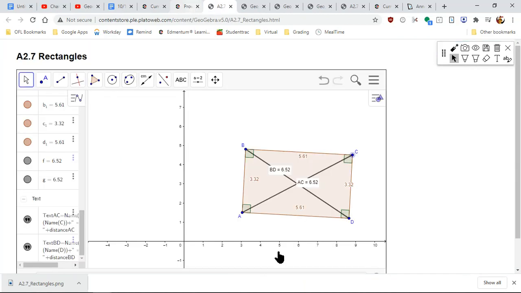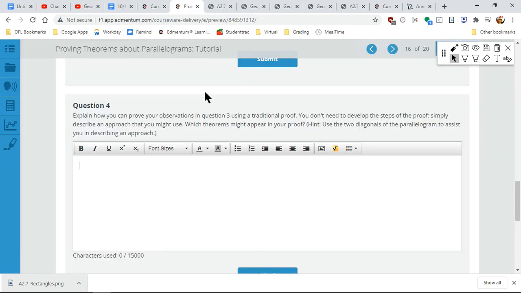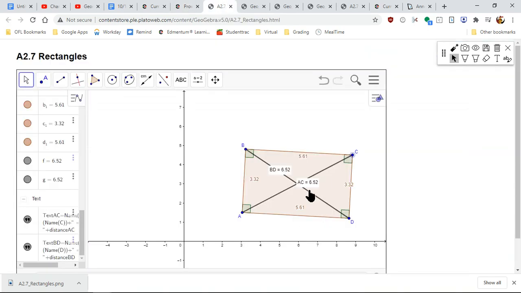So the way we would do this with a traditional proof, I would say, is if I created the diagonal, so I would create the diagonal. Oh, that's why it sounded like I proved it. If I made the diagonal, I have two congruent triangles, right?